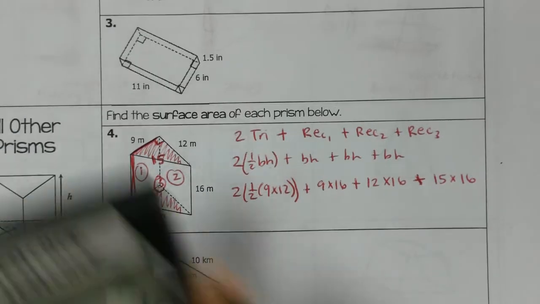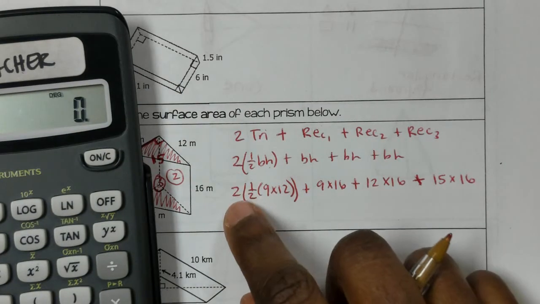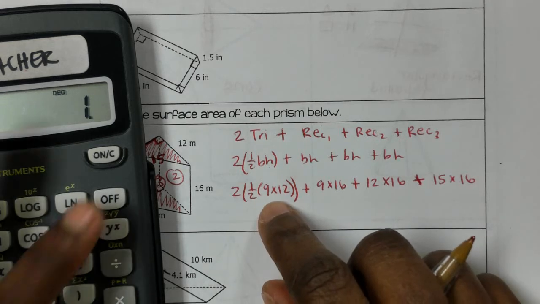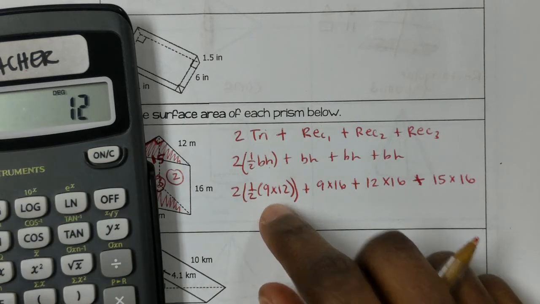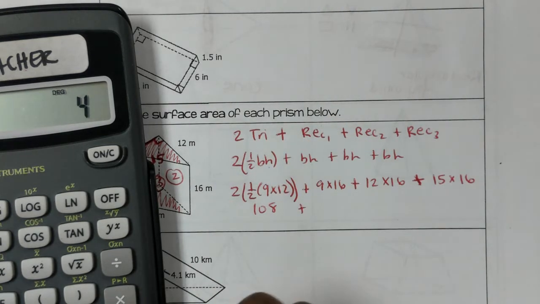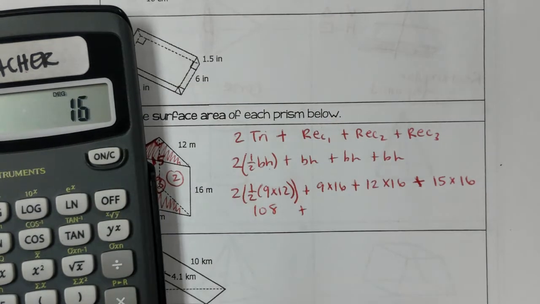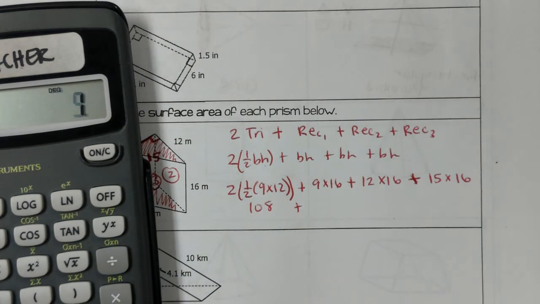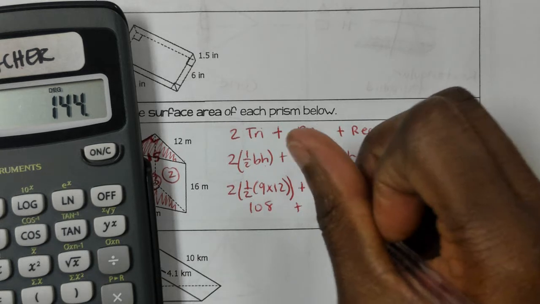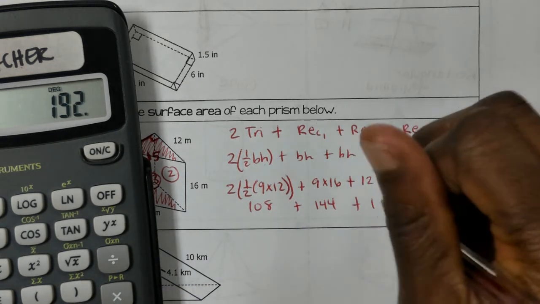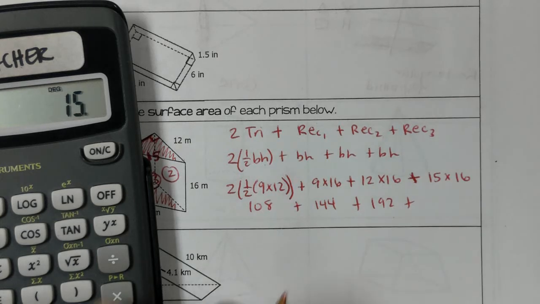So then we're going to be adding those things together. So 2 times 1/2 is going to give you 1. Okay, so really we're just doing 9 times 12, which is 108. I'm going to do them separately this time so you can actually see what the numbers were. 9 times 16, so 144. 12 times 16, and 15 times 16.